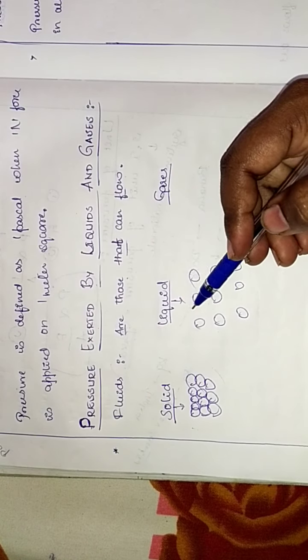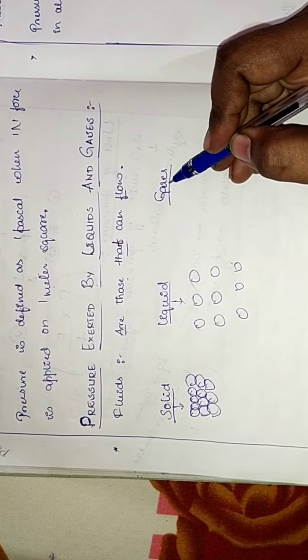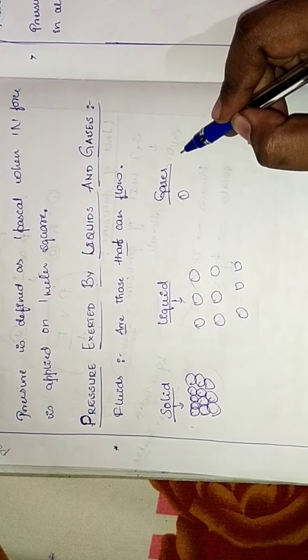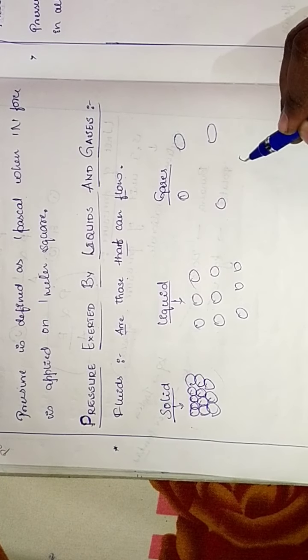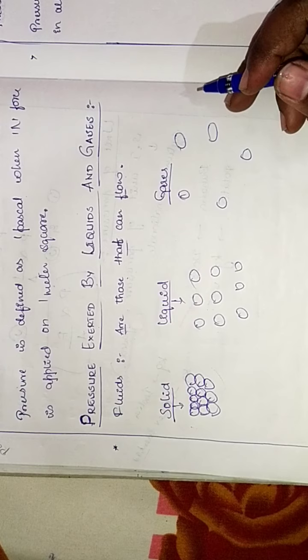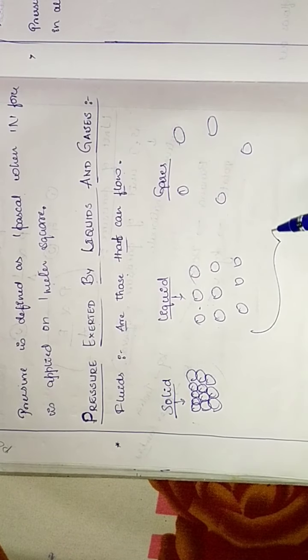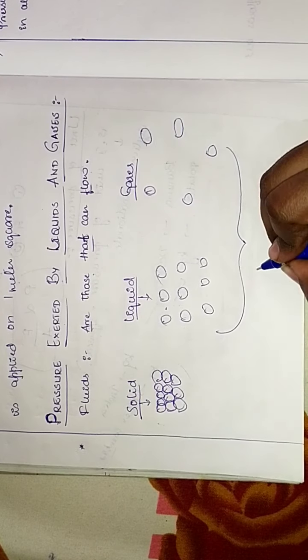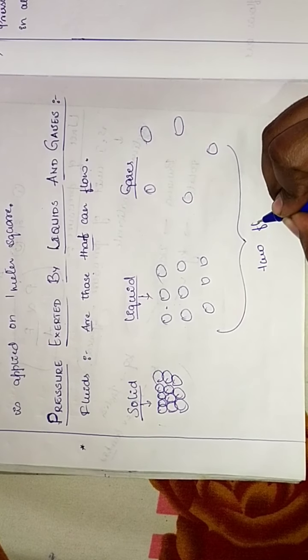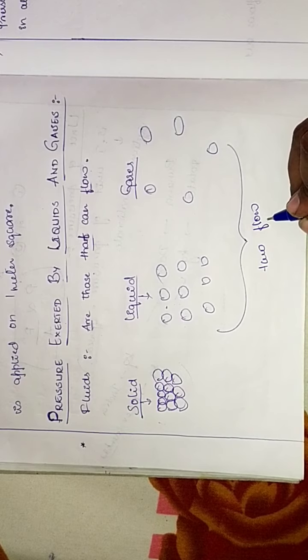And gases are too far away. There is a distance here. So they are so far away. So liquid and gases are the two which can flow. Okay, children.